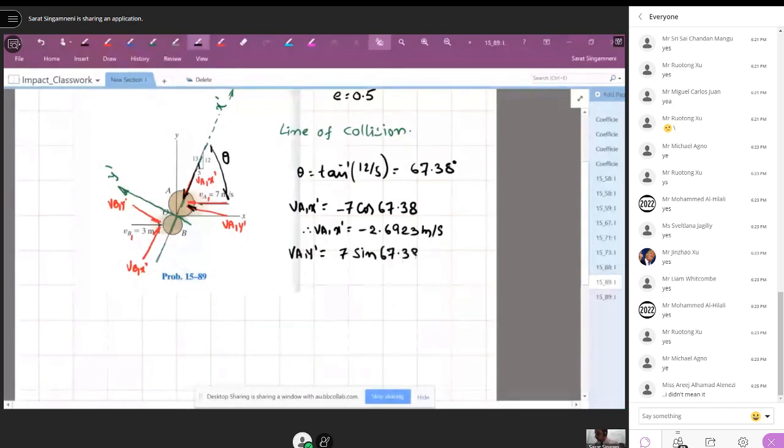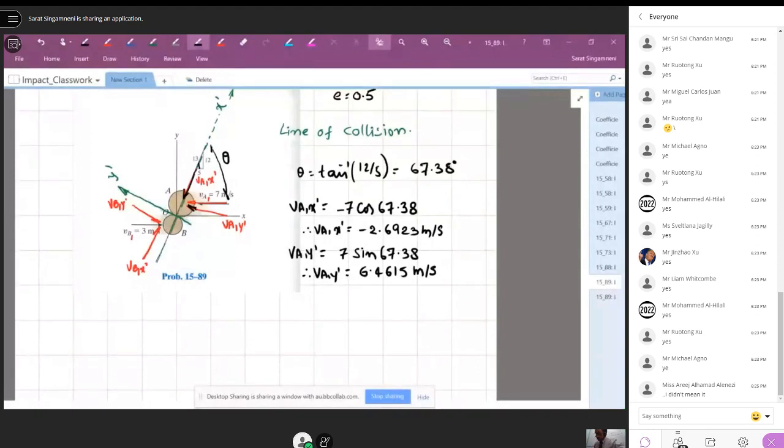Therefore, VA1 y dash is equal to 6.4615 meter per second. It's positive. These are the initial x dash, y dash components of the velocities of the sphere A.